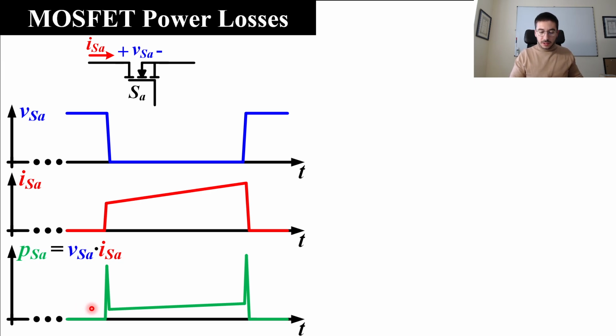Then we turn on the device, we have a peak, then when the device is on, driving the inductor current, we see some instantaneous power, and then we turn off the device and we see another peak here, and again zero when the device is off.